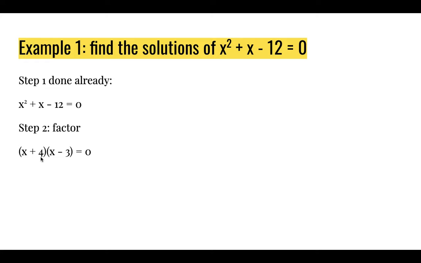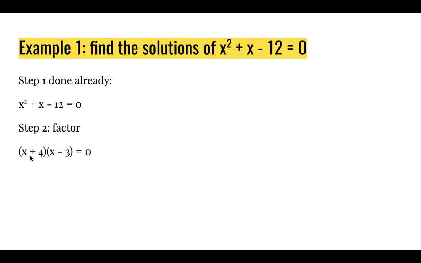That happens in a graph where it goes through the x-axis, so that's why they're also called x-intercepts, and that's why they're also called solutions, because they solve this equation where the left side is equal to 0.